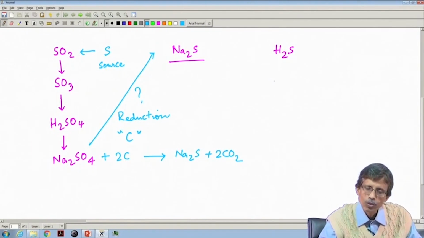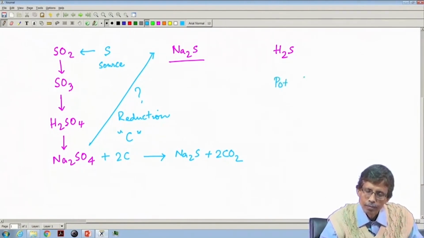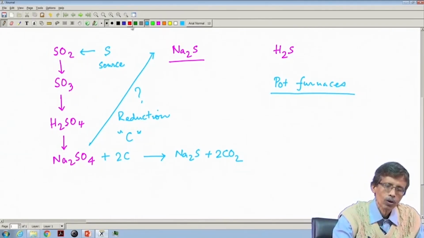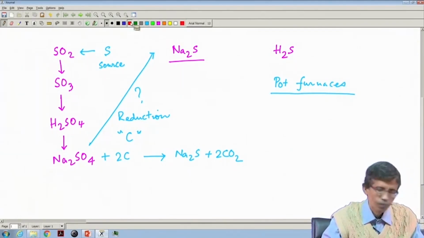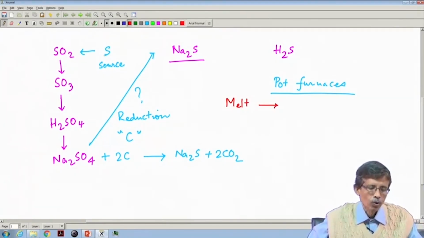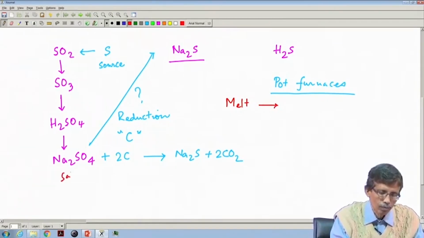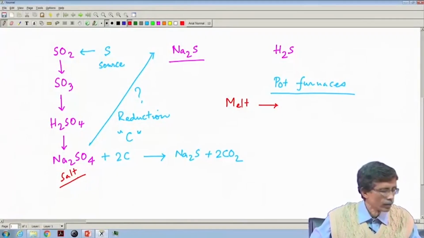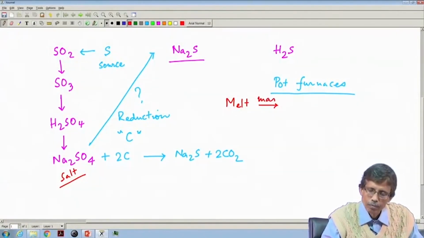What do we use? We use some pot furnaces, a reaction chamber for this particular procedure, and we get a melt, because this sodium sulfate is a salt. So, we have to make a paste, and that particular melt is mashed with water.